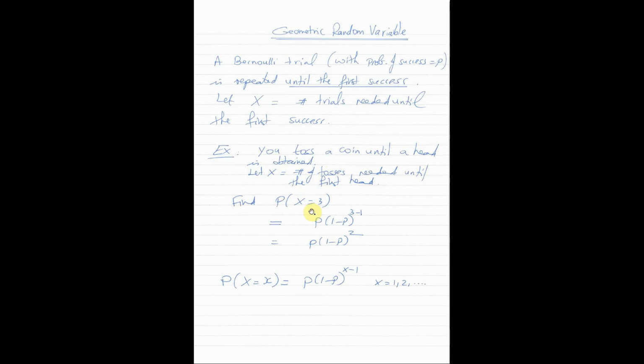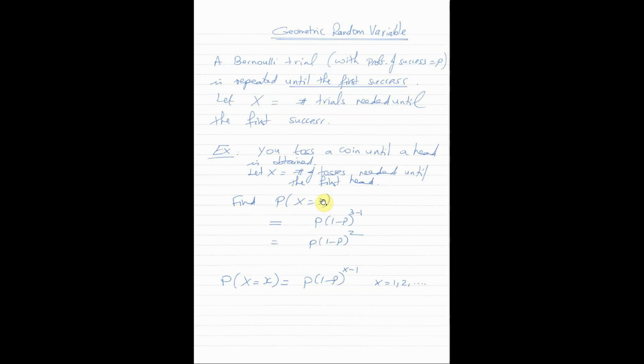Find the probability that x equals 3. In words, what is the probability that you had to toss 3 times until you obtained the head? How can we construct this probability? It's very intuitive. What is the situation in which you have to toss 3 times? You are tossing until the first head. So when do you really need to toss 3 times?